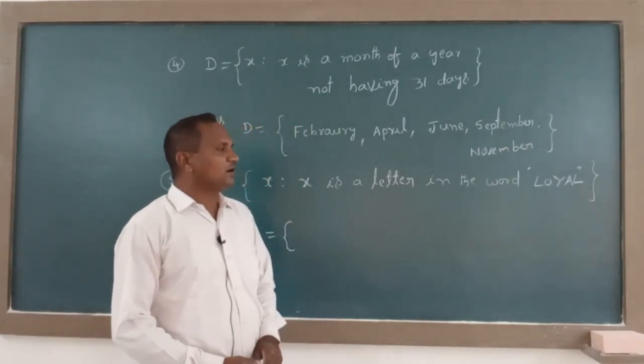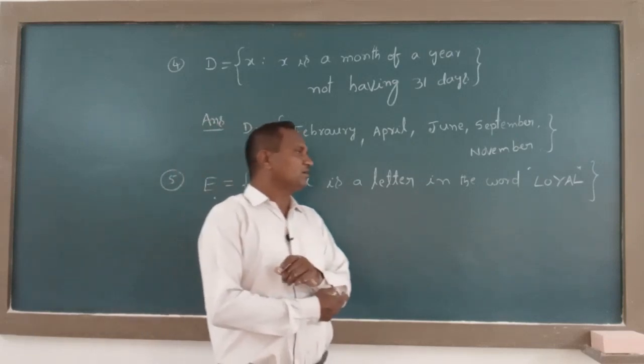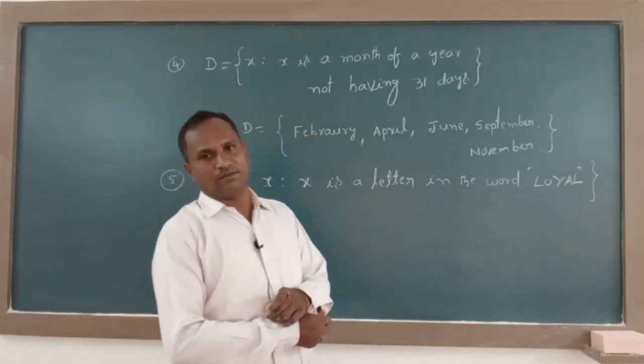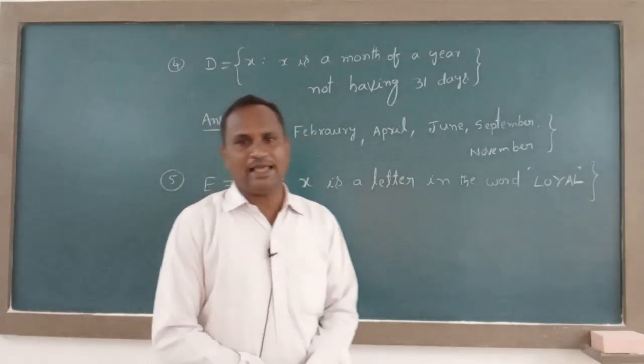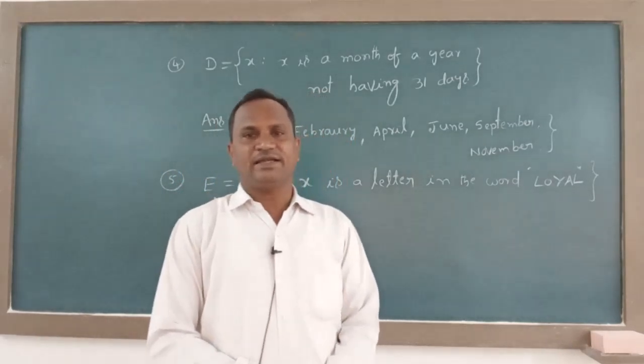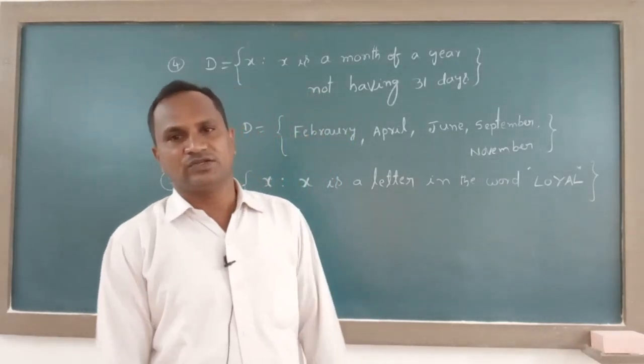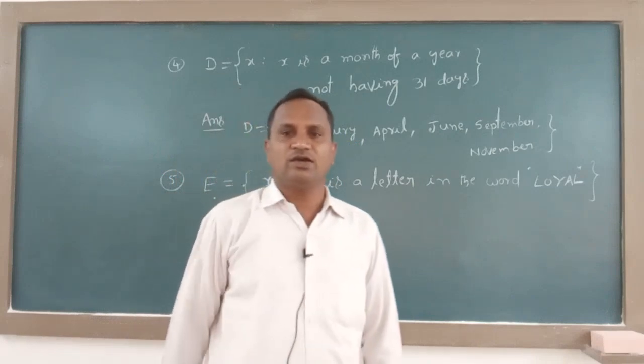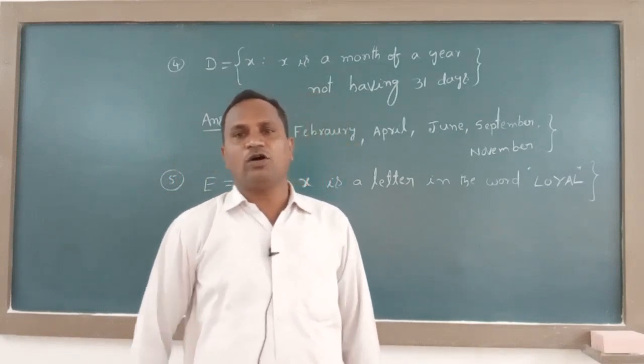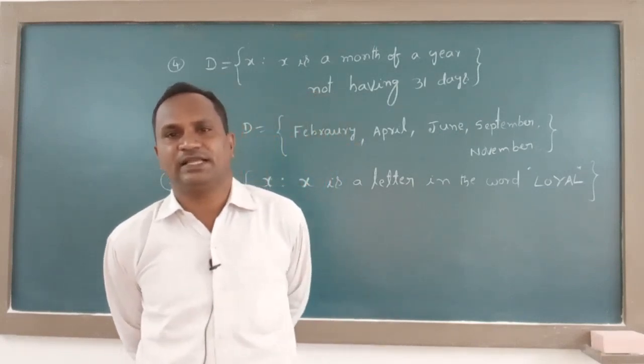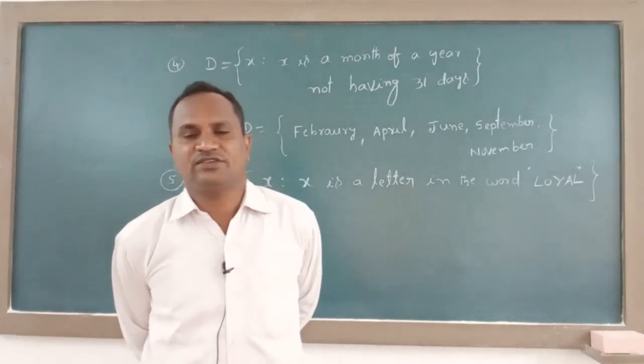Letters are L, O, Y, A, L. But here L has repeated twice. When it has repeated twice, we should write it only one time. Already I told you this in the case of representing sets in roster form.